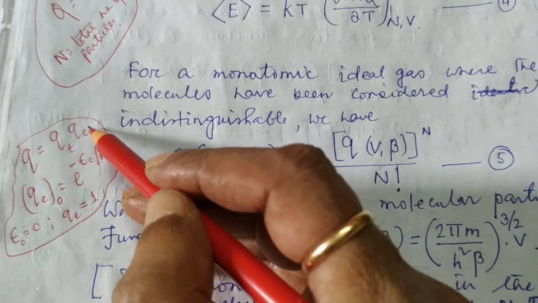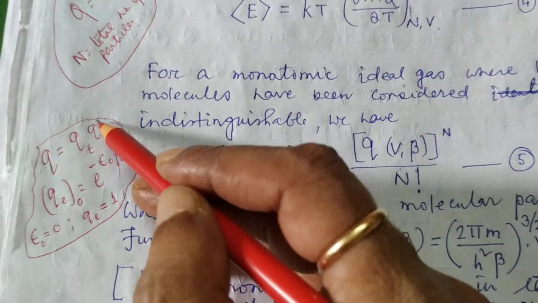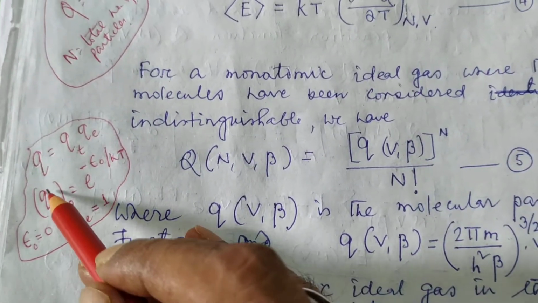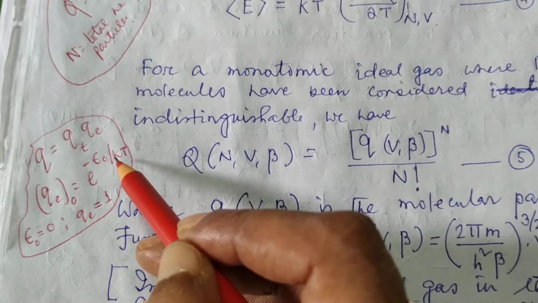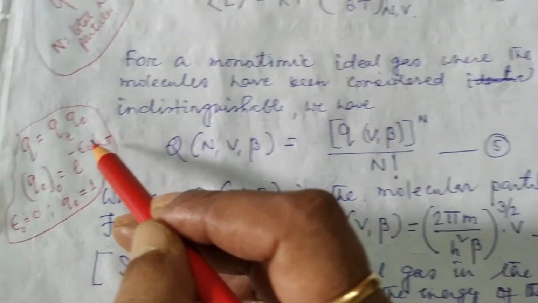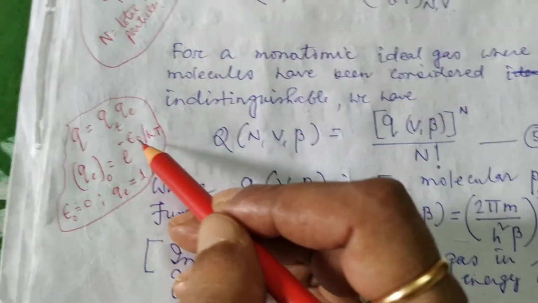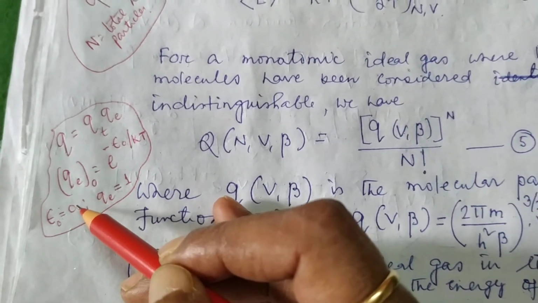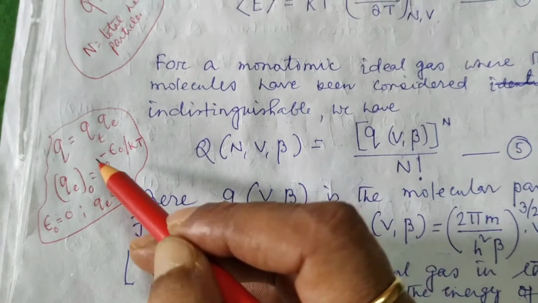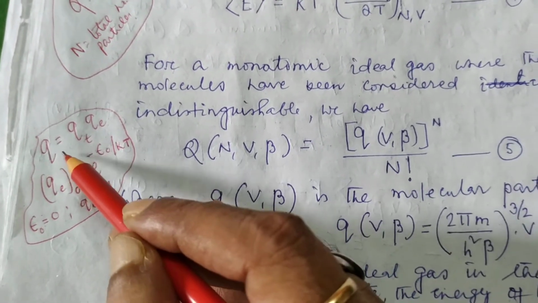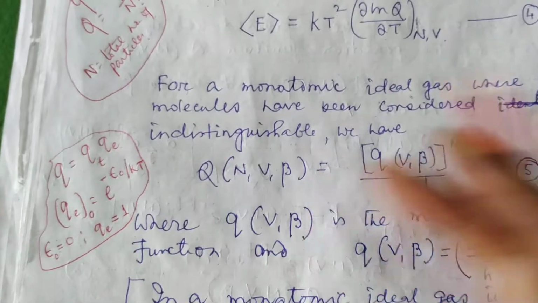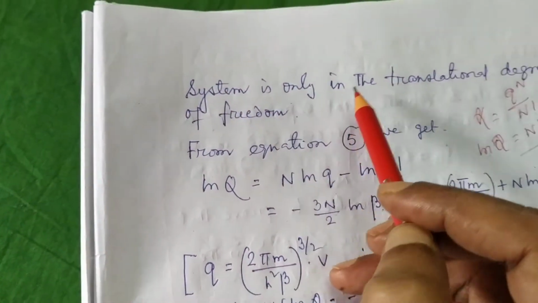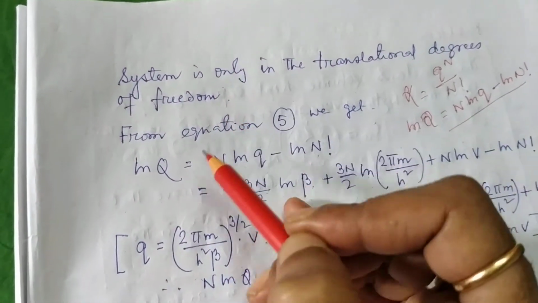Since the molecule is in the ground electronic state, q_E equals e to the power minus epsilon 0 by kT, where epsilon 0 is the ground electronic energy. Since epsilon 0 equals 0, we get q_E equals 1. So the molecular partition function is only the translational partition function, that is, the system has only translational degrees of freedom.